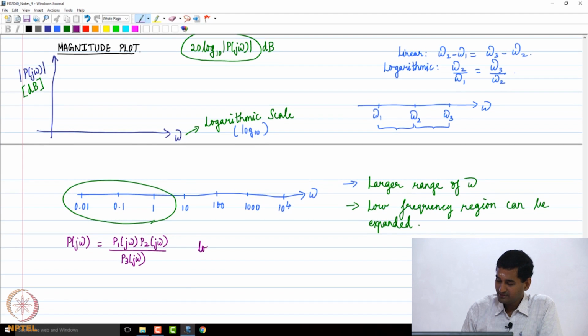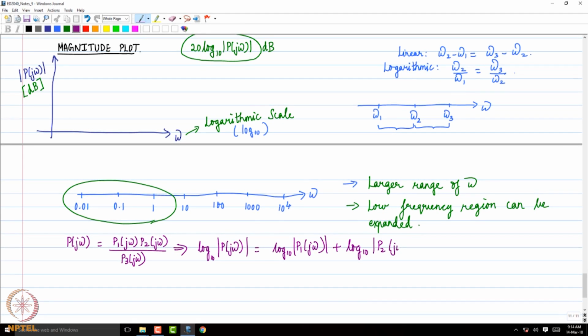If you do log of P of j omega, of course to the base 10, we are just going to get log to the base 10 of the magnitude of P1 j omega plus log to the base 10 of the magnitude of P2 j omega minus log to the base 10 of the magnitude of P3 j omega, right, that is what we are going to get.